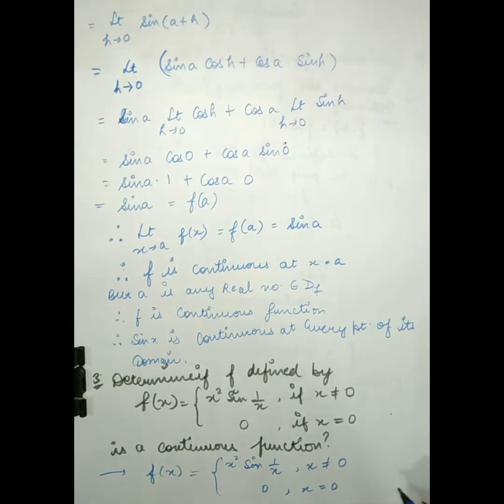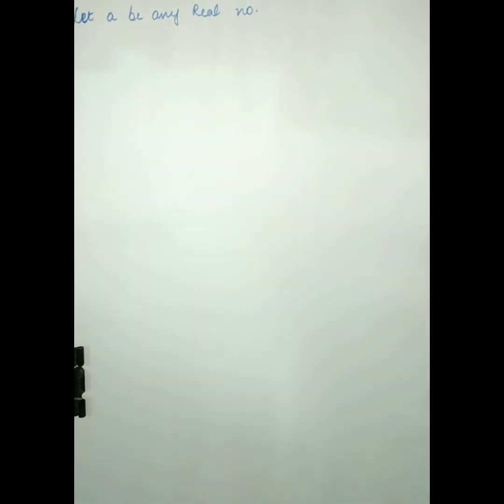And we know that the domain of the function will be equals to the real numbers. Now we have to let a be any real number. If a be any real number, then in the function the condition for x is not equals to 0 and x equals to 0. So there will be two cases.